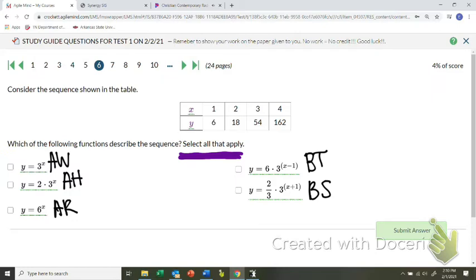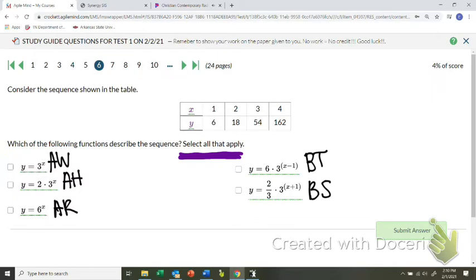Okay? So, Alyssa, when you type this in, if you look at your table, when you put in a 1, do you get out a 6? What do you get out? A 3, because 3 to the 1 power is 3.